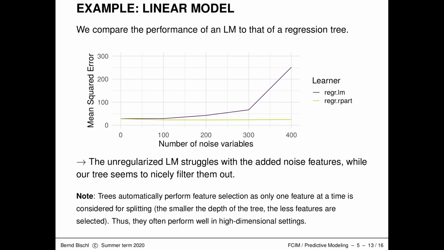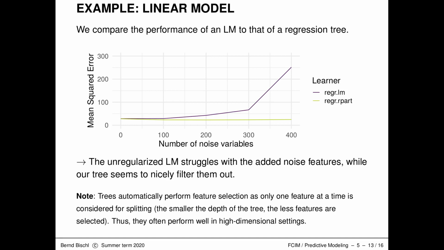So first of all, maybe let's start with the decision tree. Why is the decision tree not really affected by these added noise variables? What the decision tree does is it iterates, for each split point that it creates in the tree, when it grows the tree, over the features, and then it calculates which of the available features reduces risk the most when the tree actually splits on that feature.